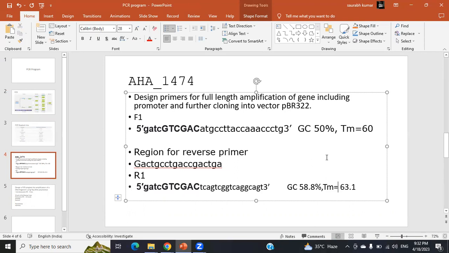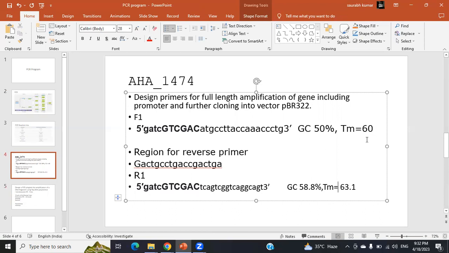So my annealing is going to be 5 degrees less than the TM of the primer that is lower in value. So of these 2 TM values, 60 degrees is the lower value. So I need to have my annealing at 5 degrees less than the TM of this primer. So it can be 55 degrees, which is also the standard annealing temperature that is used.